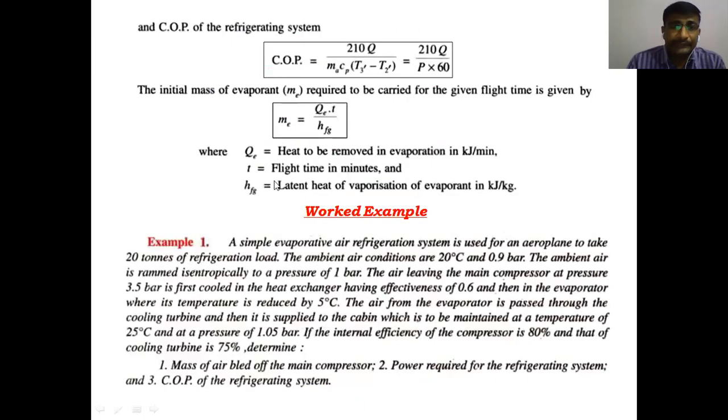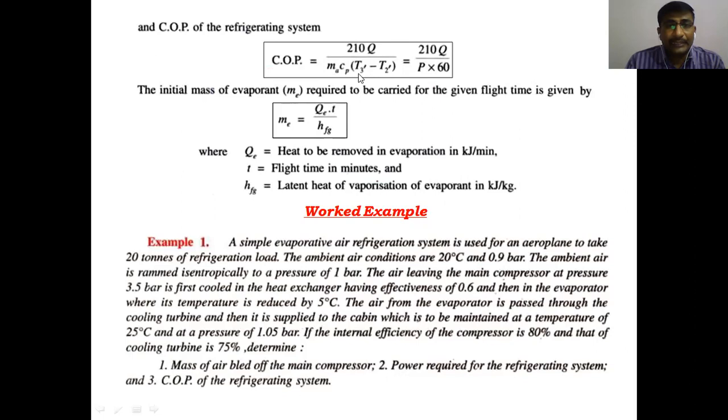Clear, students? And the COP of the refrigerating system: COP is the refrigeration effect divided by the power or work done in kilojoules per minute. The refrigeration effect, that is the cooling load in the cabin, is Q. Q into 210 is kilojoules per minute, divided by the work required by the compressor, MA Cp (T3' − T2'). This is the COP.